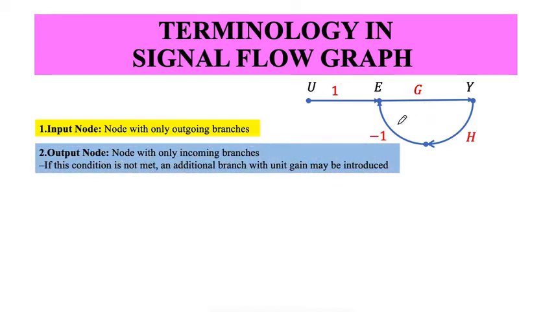So the output node is one which has only incoming branch, and if this condition is not met, then we just draw an additional branch.